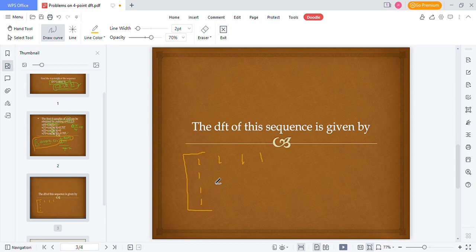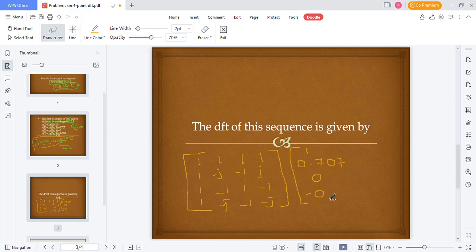This is the 4-point DFT matrix: minus j, minus 1, and j, and it is minus 1, 1, minus 1, and then j, and this is minus 1 and minus j, and here it is 1, that is 0.707, so that is 0 and minus 0.707.